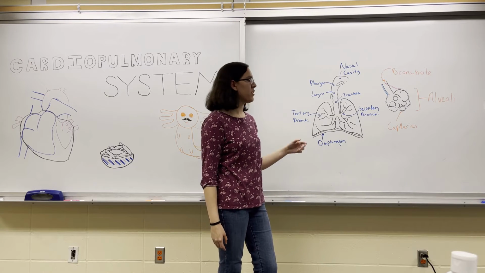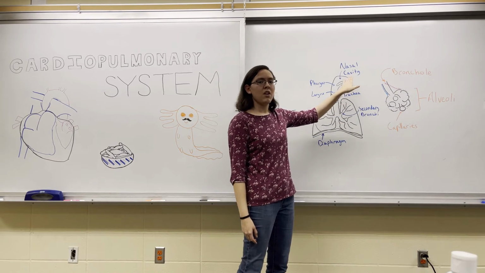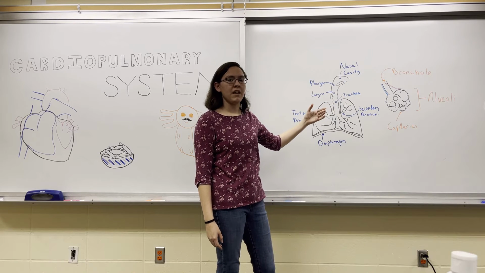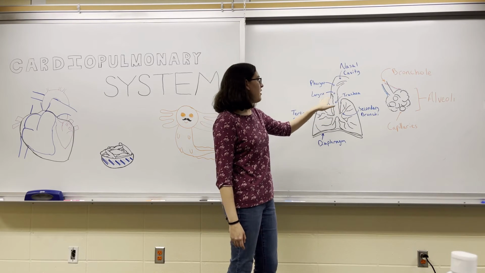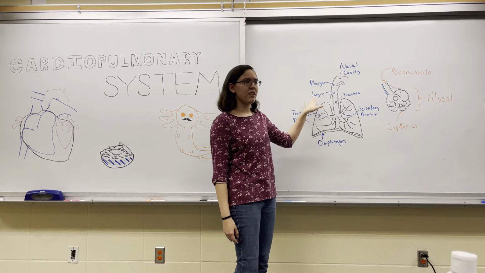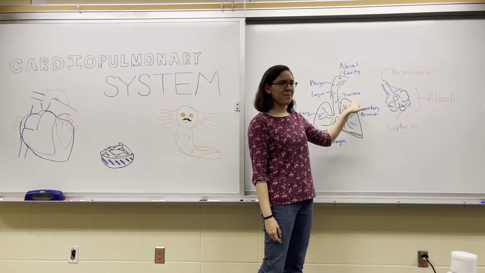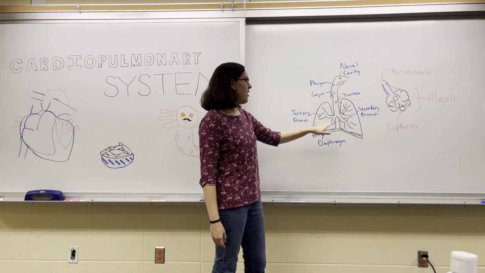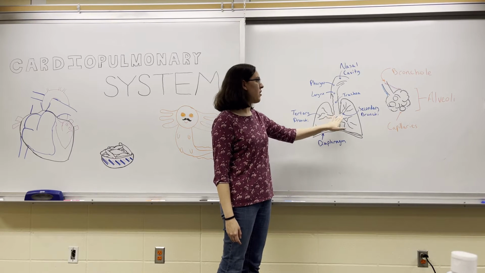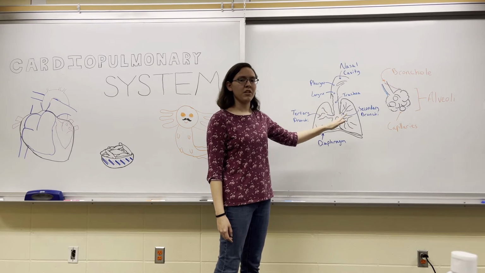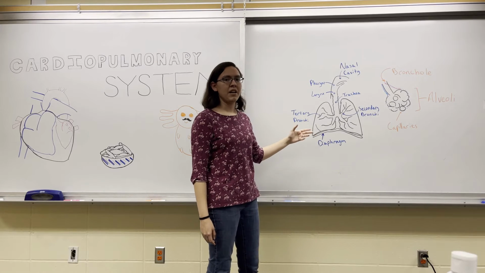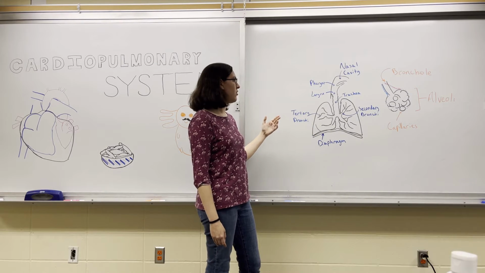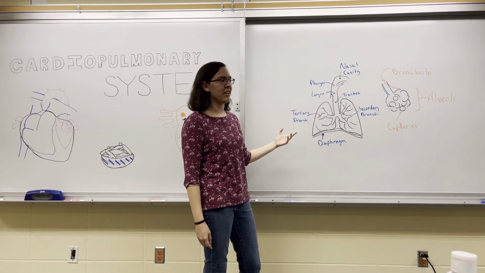For the air to reach the lungs, it must first go through the nasal cavity, where it is filtered, humidified, and warmed. It then goes to the pharynx, larynx, and then trachea. The trachea goes down and branches off into 2 bronchi, one going to each lung. The bronchi then branch off into smaller sections called secondary and tertiary bronchi.